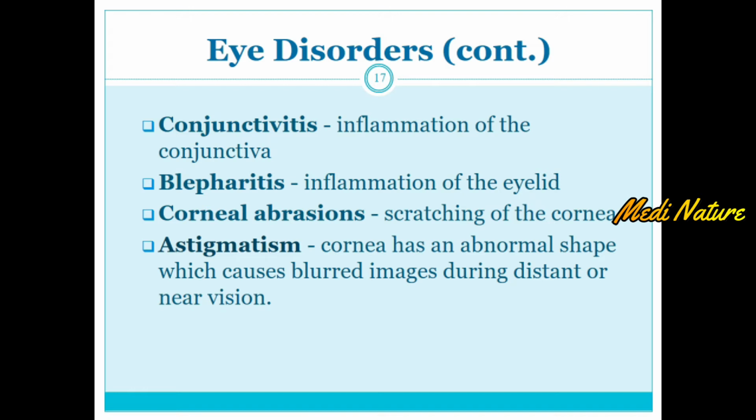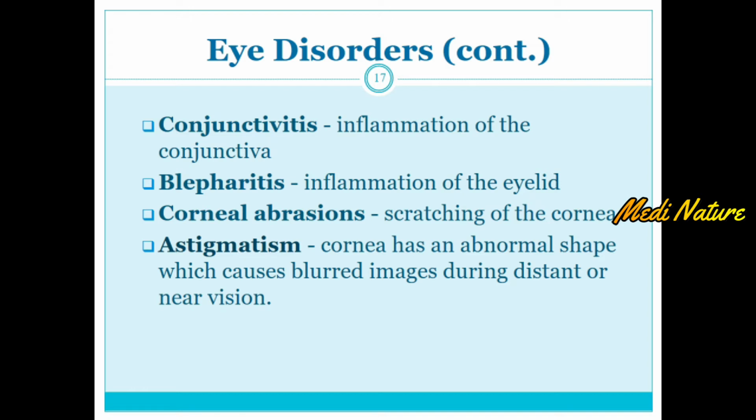The first one is conjunctivitis, which is the condition of inflammation of the conjunctiva of the eye. The inflammation of the eyelid is called blepharitis. The scratching of the cornea is called corneal abrasion.